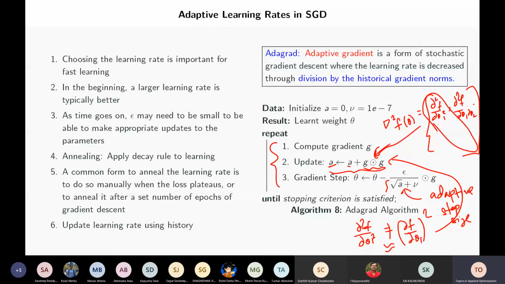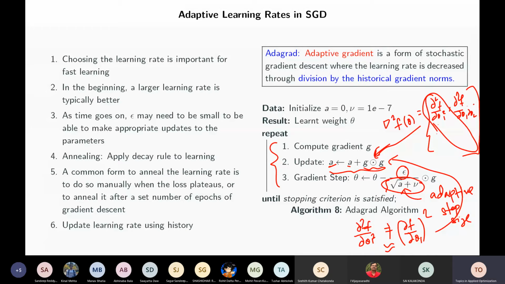So a will keep changing based on the second order information, and I'm trying to scale my step size. Then I have this g term here. This is being used to estimate the step size, or to scale the step size in a proper way.